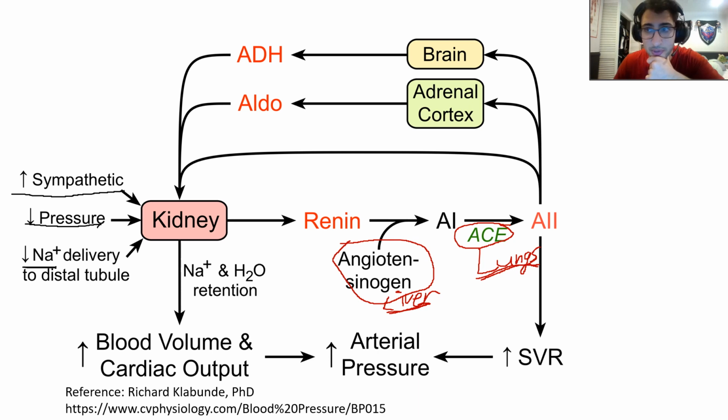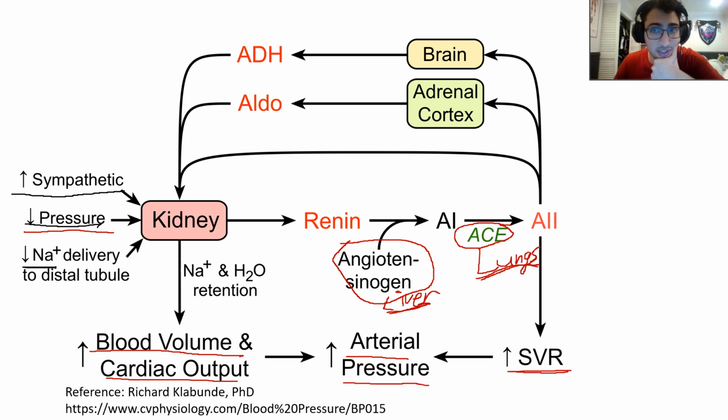Angiotensin 2, for starters, is going to increase the systemic vascular resistance. It's a direct vasoconstrictor, and that has the goal of increasing arterial pressure, which will increase blood volume and cardiac output. And remember, the initial stimulus was low pressure, so by the end of this feedback loop, pressure has been increased.